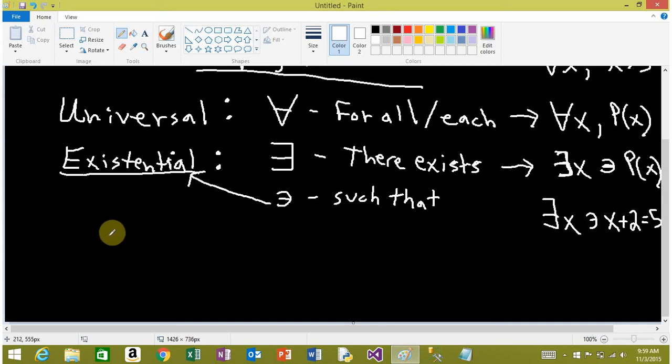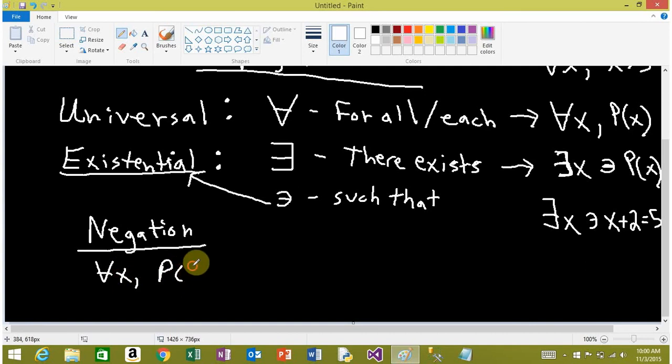So for the negation, we'll look at for all x, p of x.